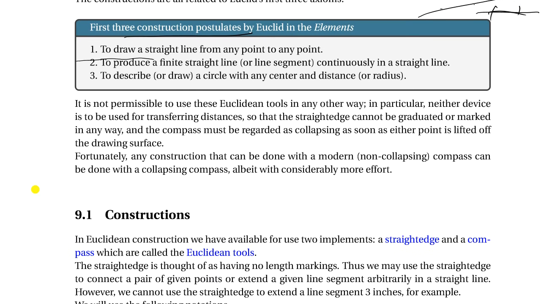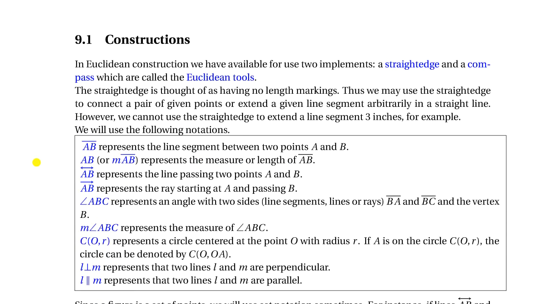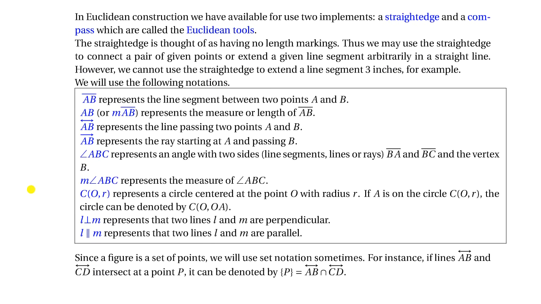Now, for the notation, because your task in this chapter is to show the step-by-step construction, for easier notation, using symbols is better than saying, oh, triangle ABC, right? So these are the notations. And let me warn you about one thing.